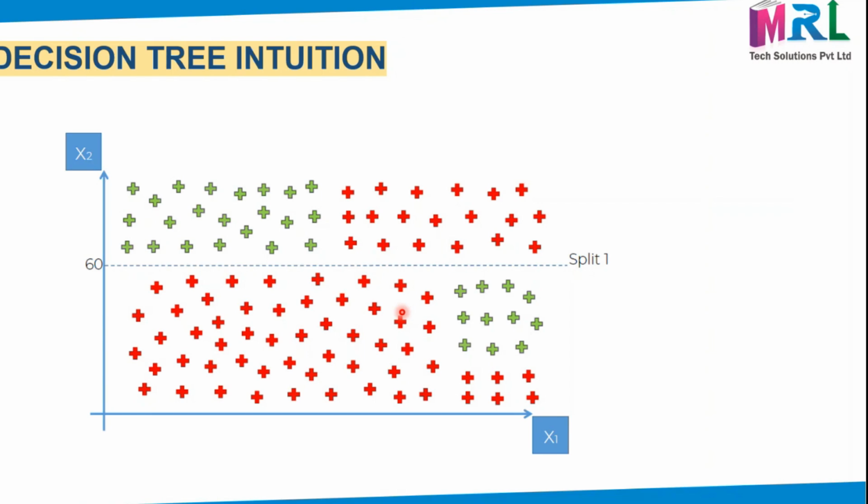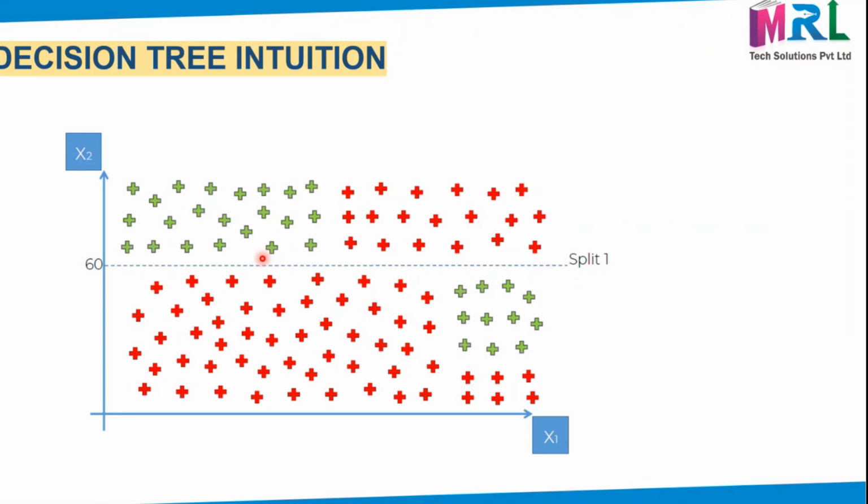How the split takes place is based on the maximum number of data points. For example, here the red data points are very high, and here the green data points are very high. Based on that it will split, or technically, it is using the information entropy.